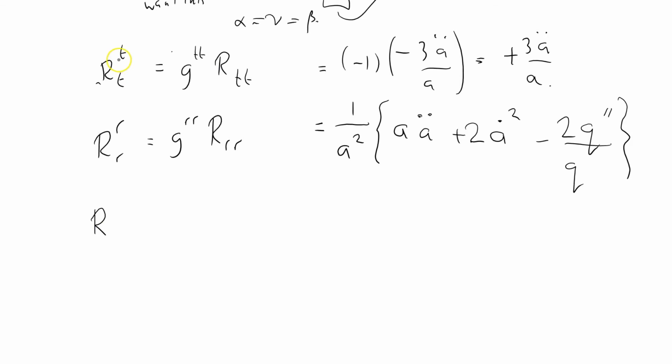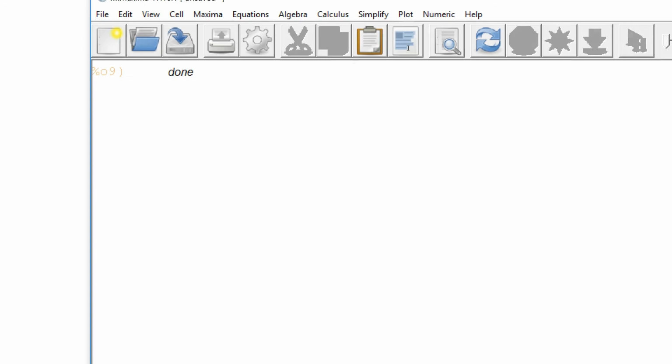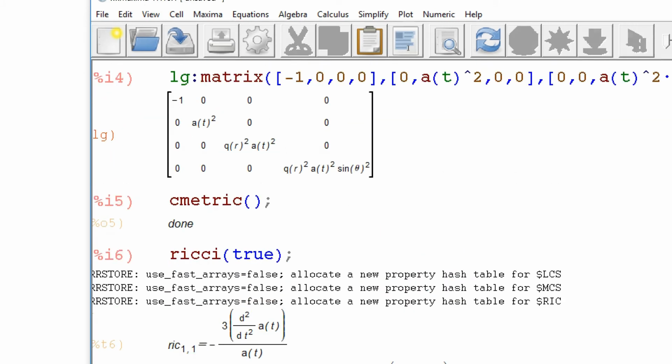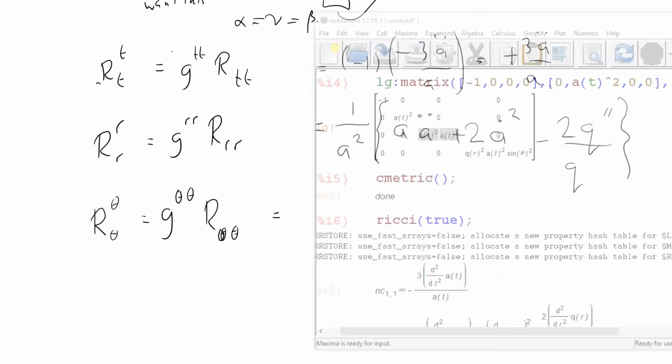R theta equals g upstairs theta times r downstairs theta. See, these are not properly formed tensor equations because I'm choosing a particular coordinate. That is the theta coordinate I'm talking about. It's this term here I need.